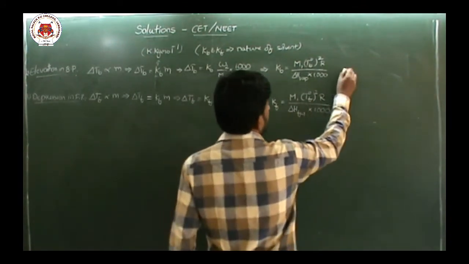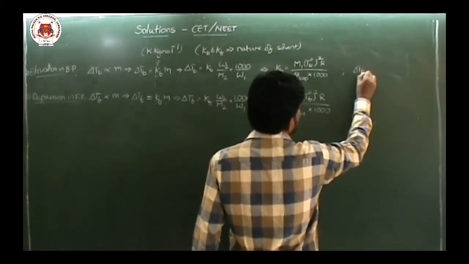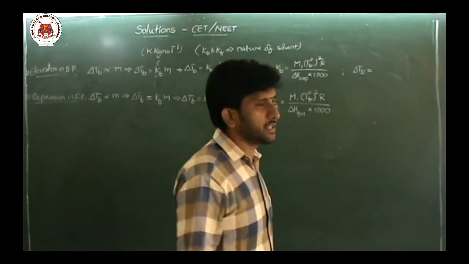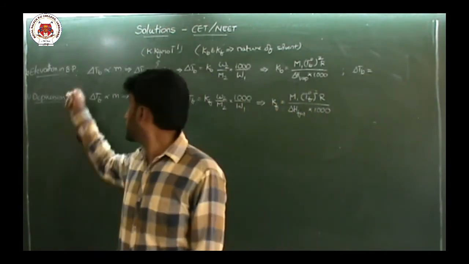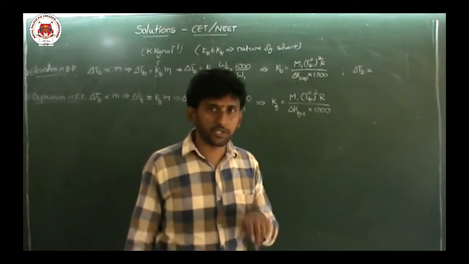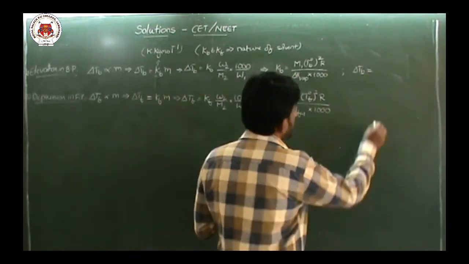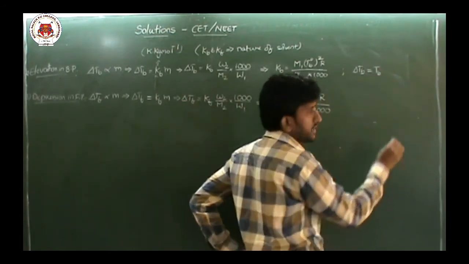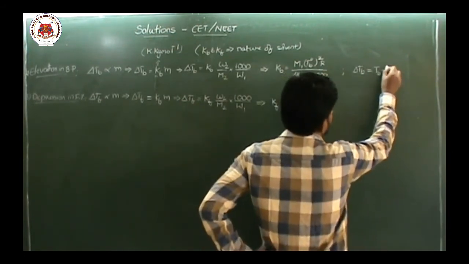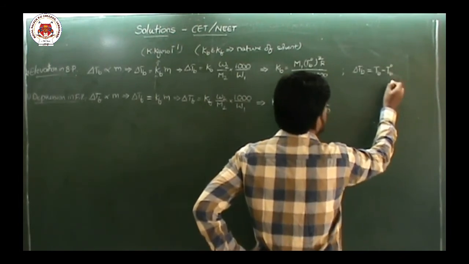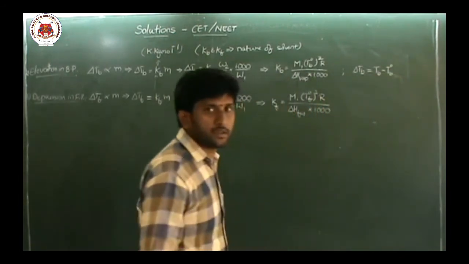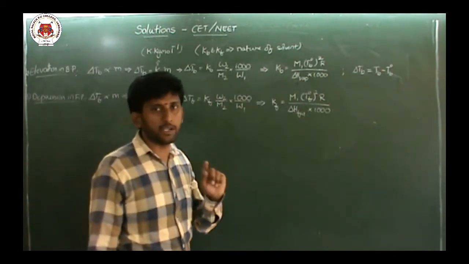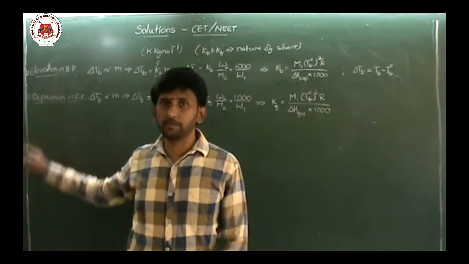And elevation in boiling point delta Tb is given by a formula. I said it is increase in the boiling point of the solution. So if I consider Tb as the boiling point of solution, then T naught b will be the boiling point of solvent. So solution boiling point is greater than solvent boiling point. Elevated means increased.